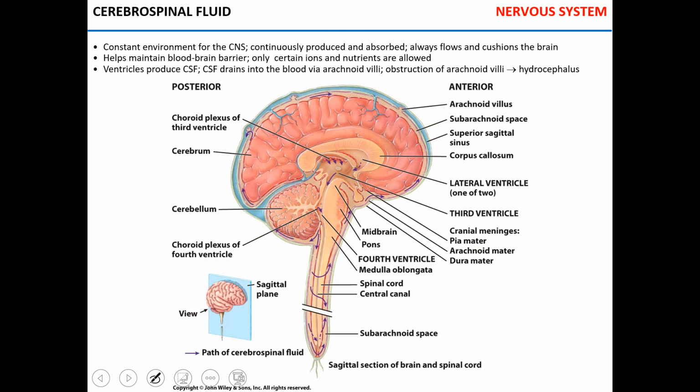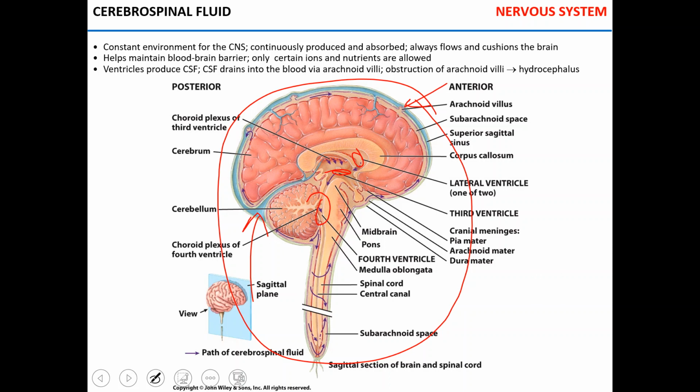So let's talk about cerebrospinal fluid a little bit. So here you can see the anatomy of the brain. This blue colored space, that's actually cerebrospinal fluid. You see it surrounds the brain. It floats it. It's produced in the ventricles. 2 lateral ventricles, a 3rd ventricle right about here, the 4th ventricle.